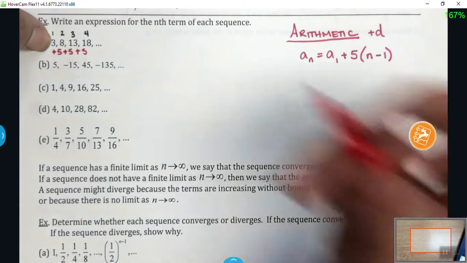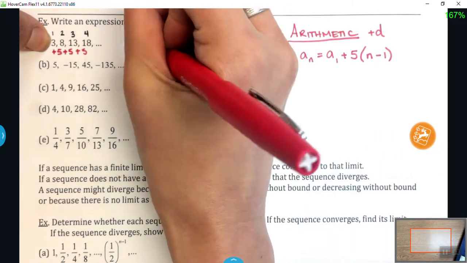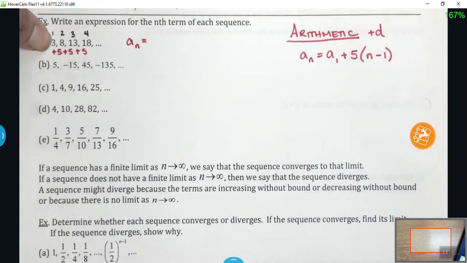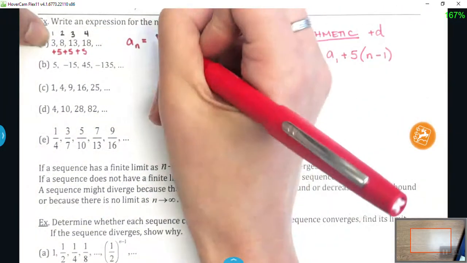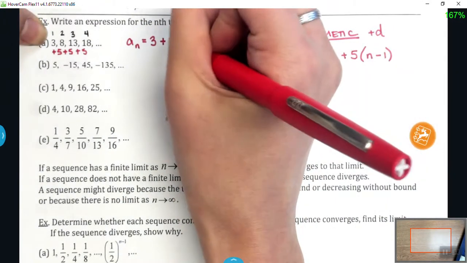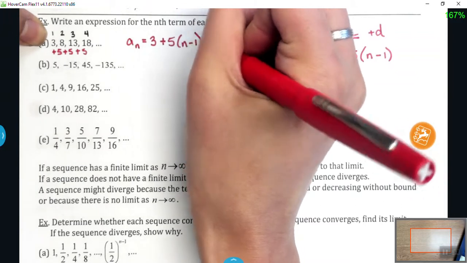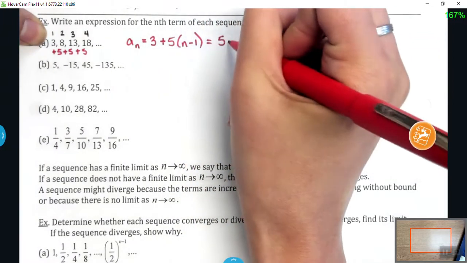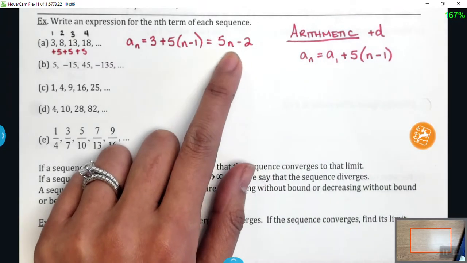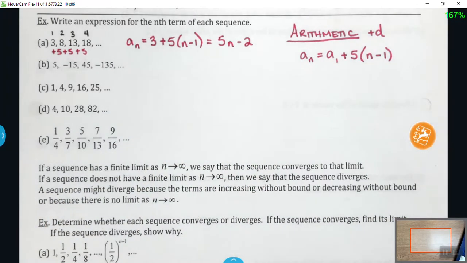Does that make sense? Yeah. 3 plus 5 times n minus 1 can simplify to just be 5n minus 2. So that's also a fine formula for your arithmetic sequence. Okay, so that's one of them that you should remember. What's the other one?